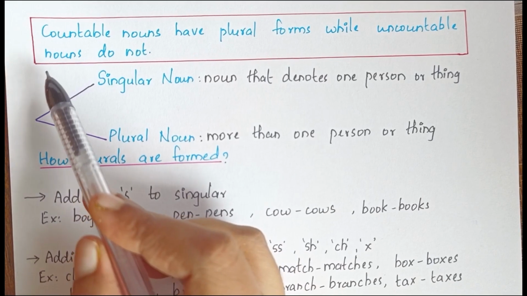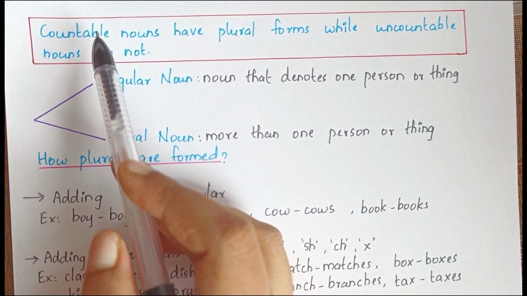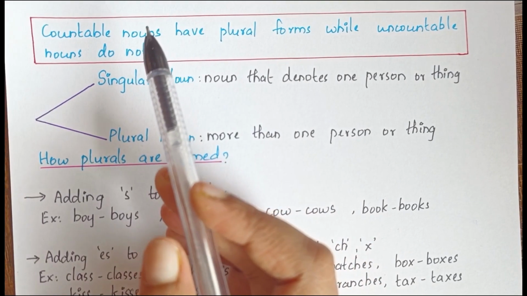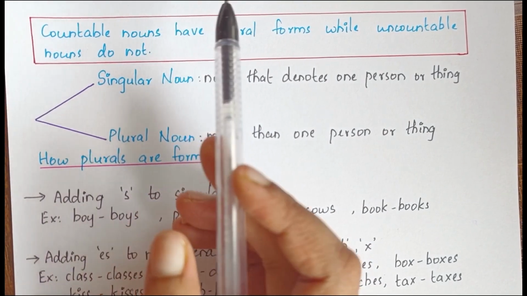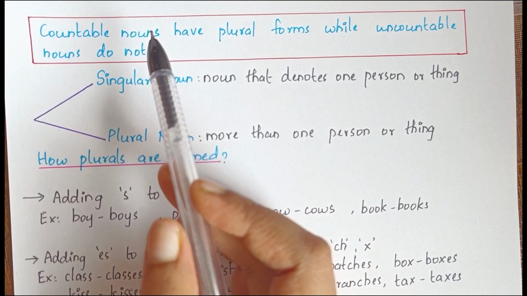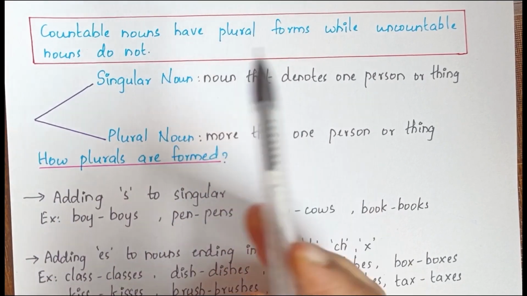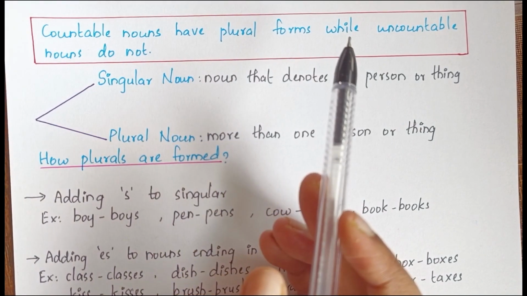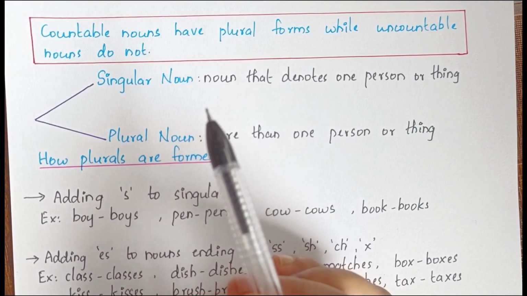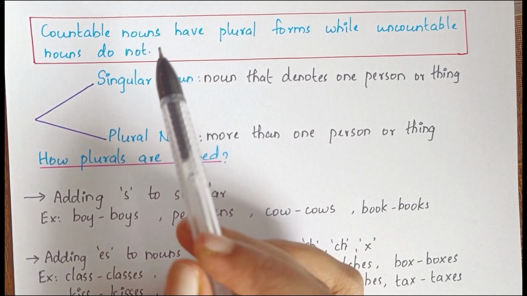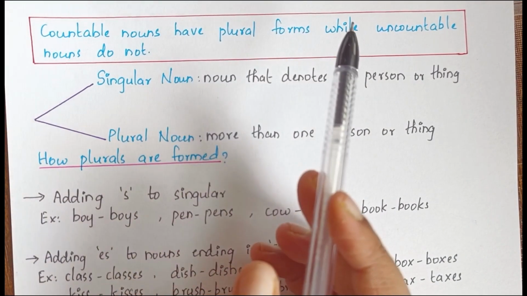So, for example, countable nouns are book, pen, etc. As I have told you, we can say the plural forms of these nouns also, like books, pens, apples, boys, etc. But for uncountable nouns, we cannot have a plural form. That is, we cannot say milks, oils, sugars, etc. That is wrong. So, only countable nouns have plural form while uncountable nouns do not.